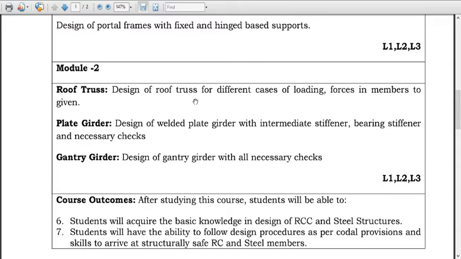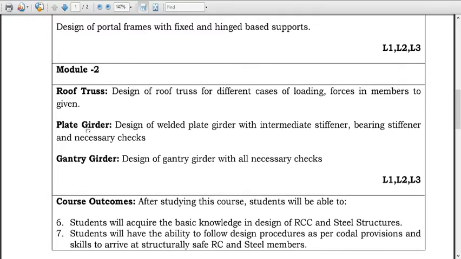And for the tension member, we checked three conditions: Tdg, Tdb and Tdn, that is gross yielding, block shear and critical rupture. The same thing has to be designed individually, but here the number of members will be more. In the previous semester we designed only a single member.